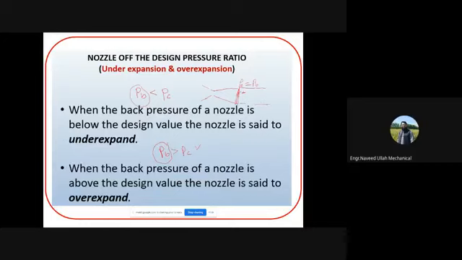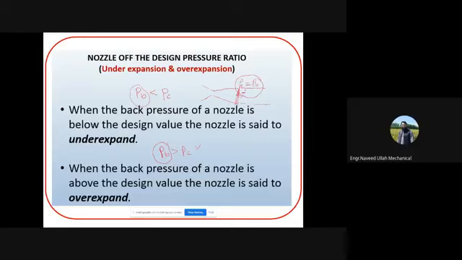And the velocity you want to achieve at the exit and the mass flow you want will be obtained. So this is your on the design condition.